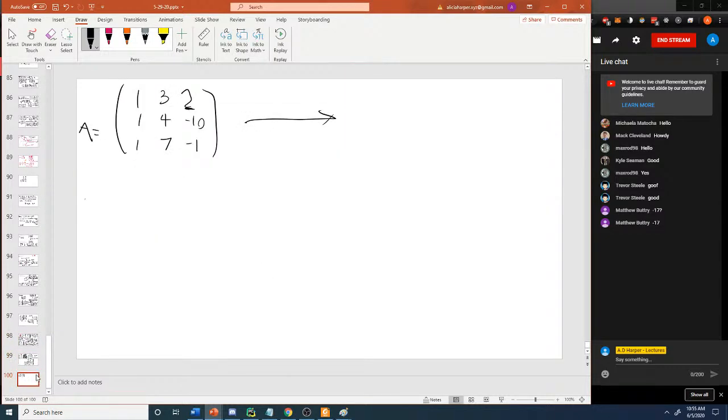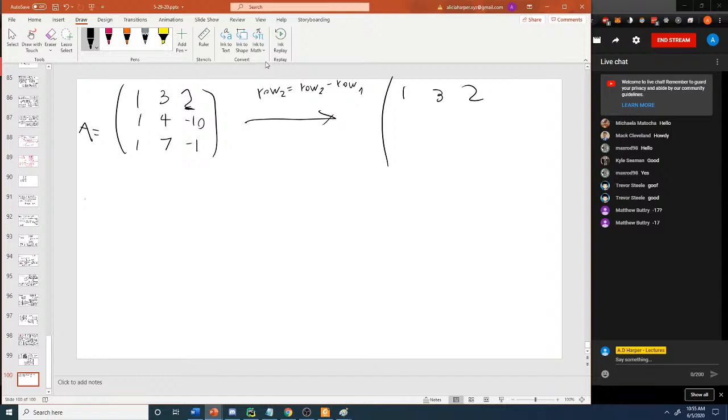So the first type 3 operation I can do is I can set row 2 equal to row 2 minus row 1. This will give me 1, 3, 2.